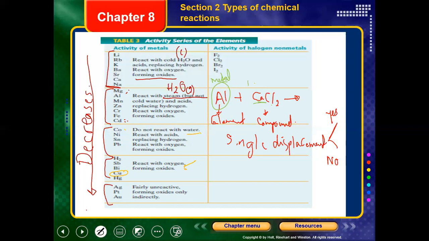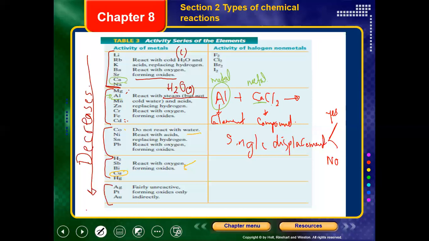So how can I know if the aluminum can replace the calcium? Does it have enough energy to replace calcium or not? Is it stronger than calcium or weaker? I can decide based on the reactivity series. Figure out aluminium, it's here, and calcium is above aluminium.